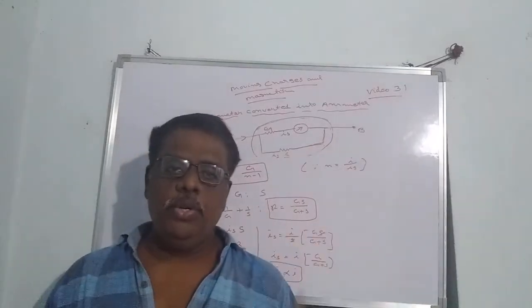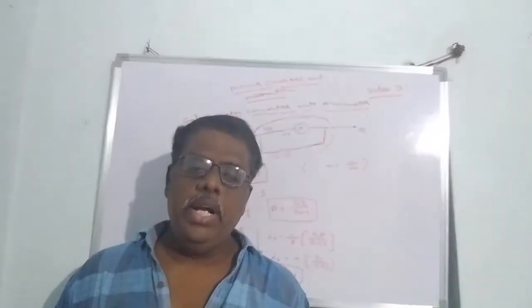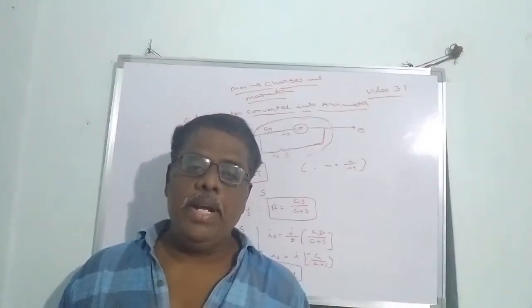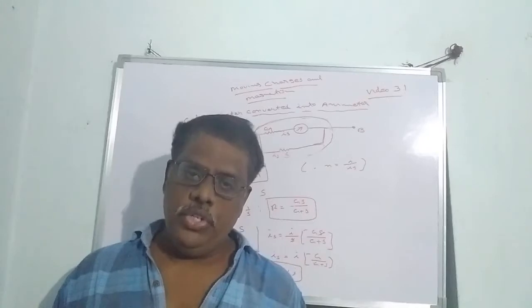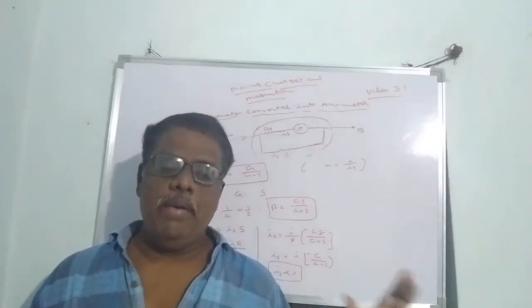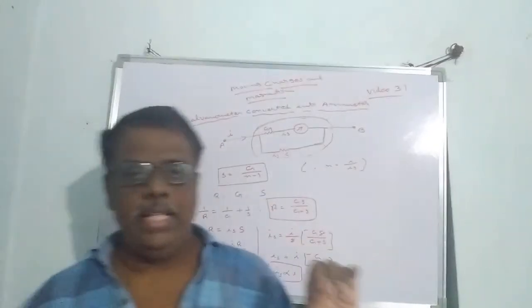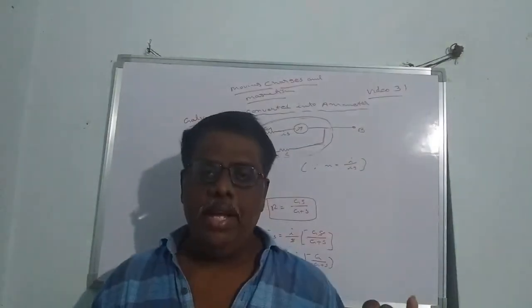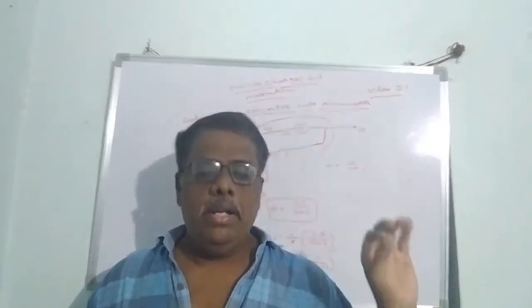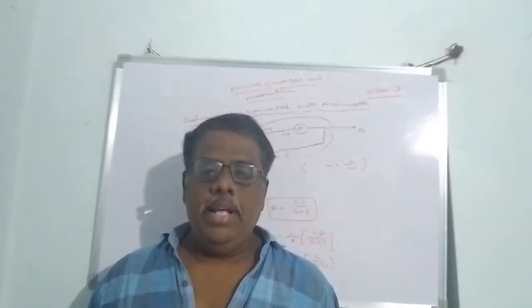An ammeter is used to measure current in the circuit. It is always connected in series. So an ideal ammeter resistance will be equal to 0. To convert a galvanometer into an ammeter, the main point is that we have to connect a small resistor in parallel to the galvanometer resistance.